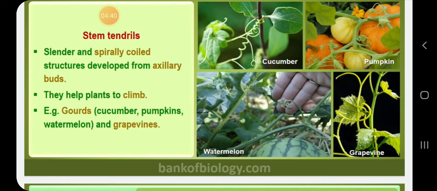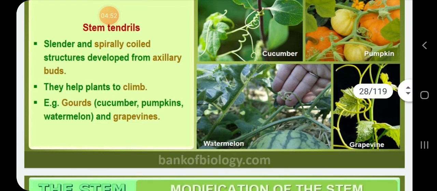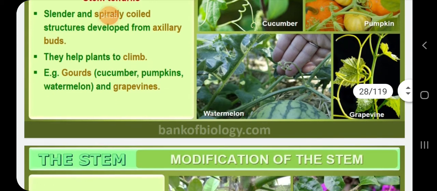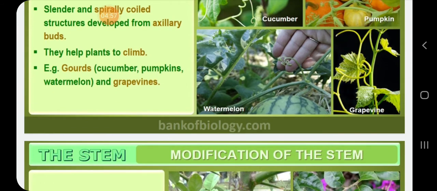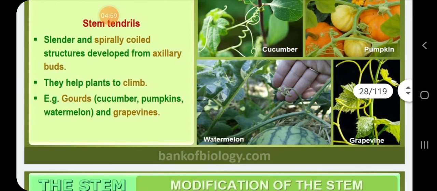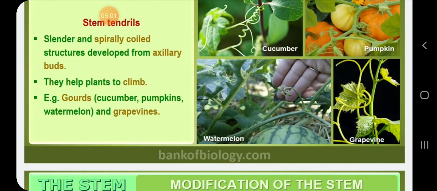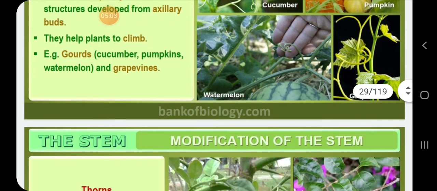These will develop into spiral structures, and they help in climbing on whatever support they are having. In this example, you can see all the types of gourds like cucumber, pumpkin, watermelon, and grapevine.